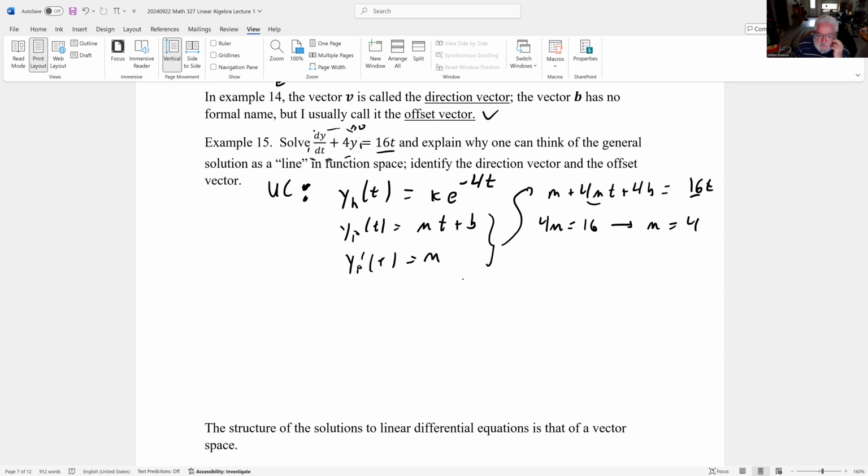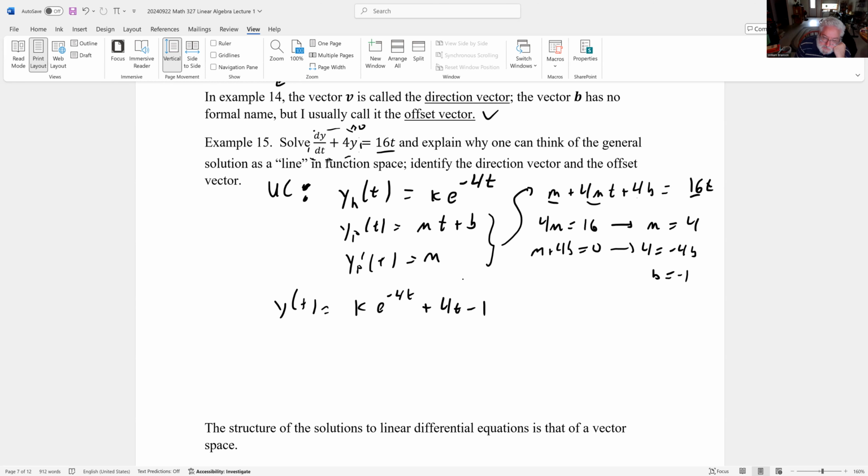And then the constant terms, m plus 4b equals 0, which means that since m is 4, 4 equals minus 4b, and b equals minus 1. So my general solution is k e to the minus 4t plus 4t minus 1, right?